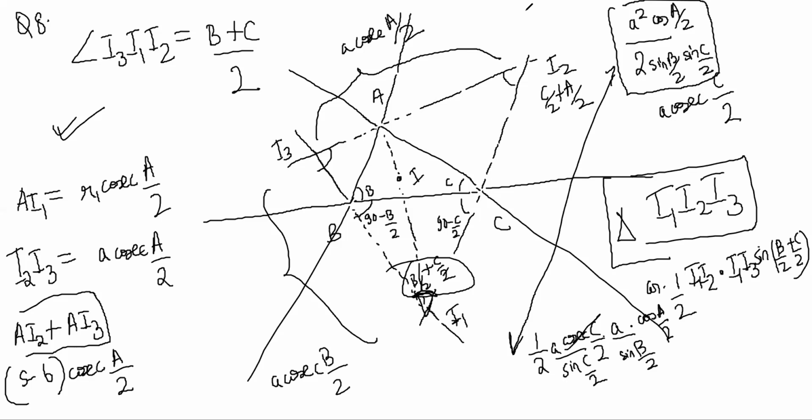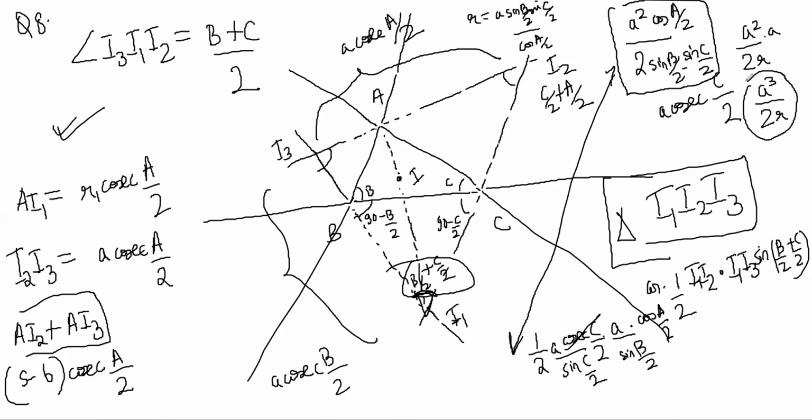Small r was equal to A sine B by 2 sine C by 2 by cos A by 2, right? So this sine sine by cos is equal to r by A, no? So A square by 2 into r by A. So A cube by 2R, right? A cube by 2R.